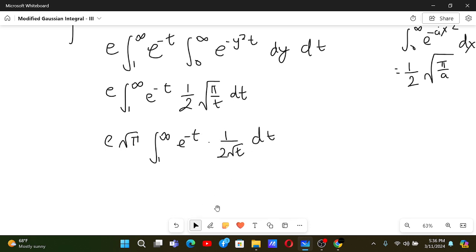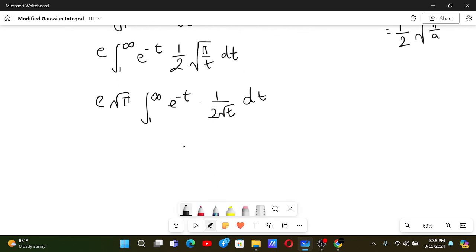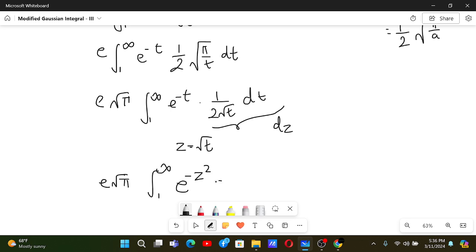Now if we let g equal root t, this part over here will just be dg. So we can write this as e root pi, and then root of 1 is just 1, infinity is just infinity, and e to the power minus g square dg.